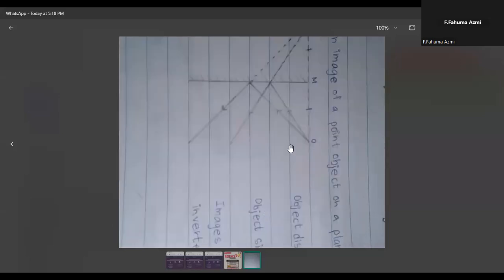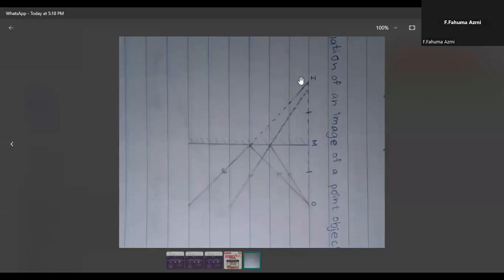Afaz, there's a small mistake. The diagram goes correct, but look at this point. This point is wrong. Can you see? That is a wrong point, because they are not meeting up, they are not pointing together. So there's a gap. Here it is one, and the other point is there, right?